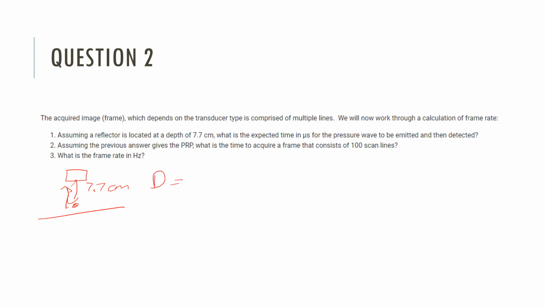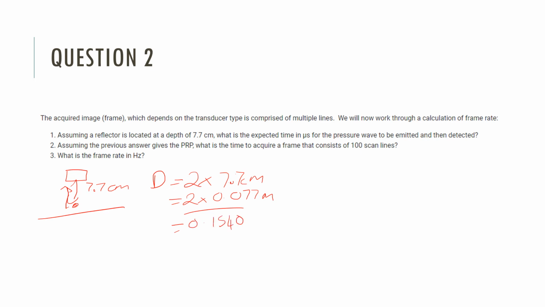So D equals 2 by 7.7 centimeters. We should put that in meters because we know the speed of sound in meters. So it'll be 2 by 0.077, which equals 0.1540.